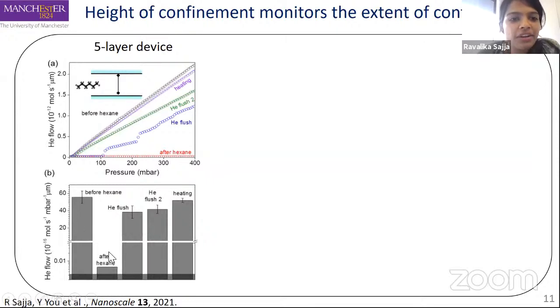With revival mechanism 1, the helium flush, we could revive our device to a greater extent. But this mechanism had its own limited efficiency, and hence we had to use another method, the heat method. When we used that, we saw a complete revival of our device.